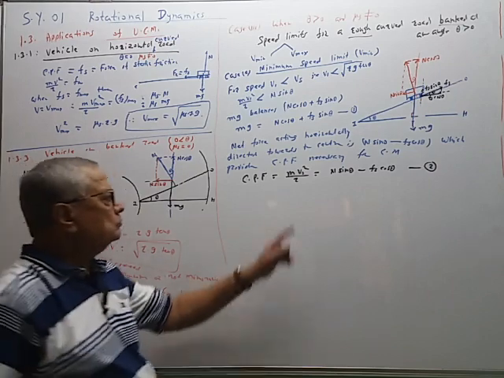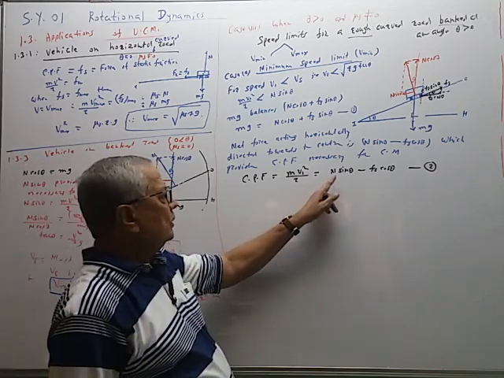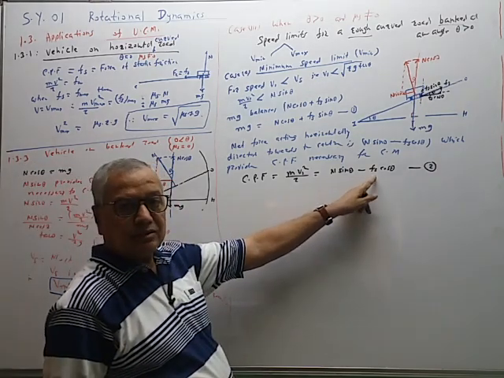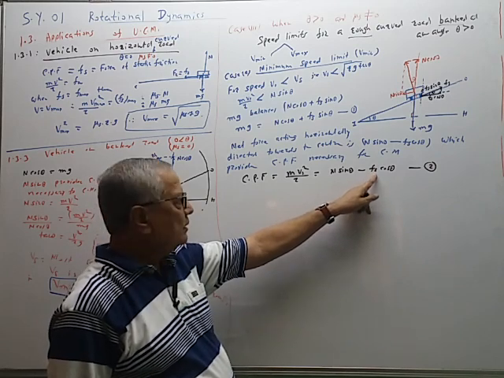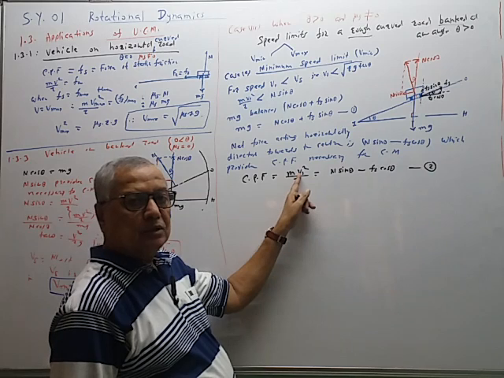Now this second term is minus. So when this term is largest, then V1 will be minimum.